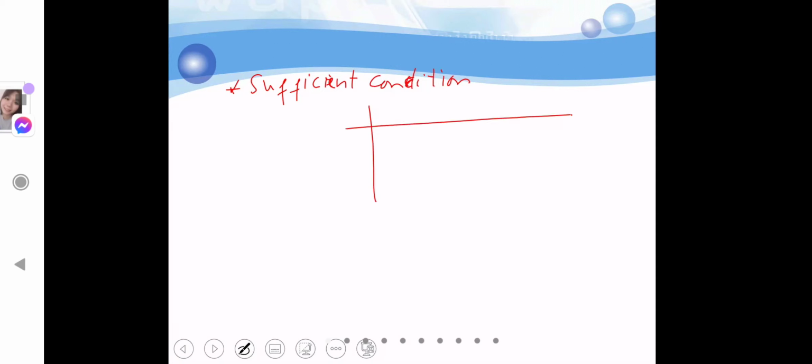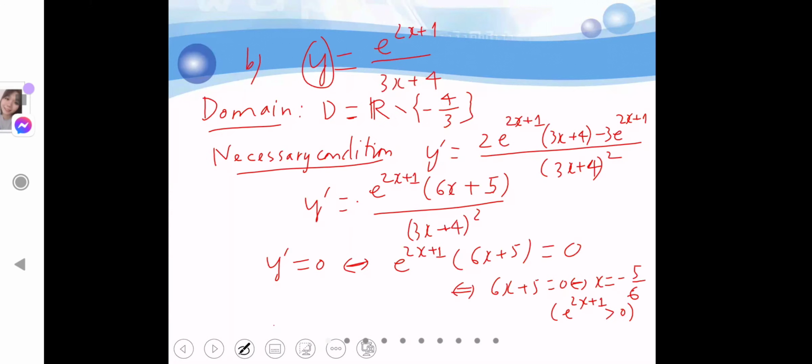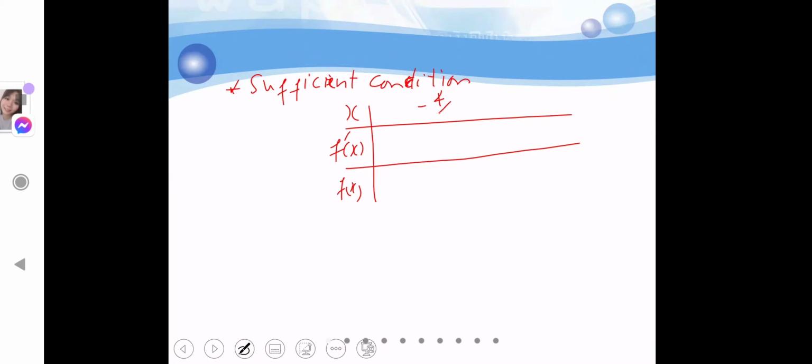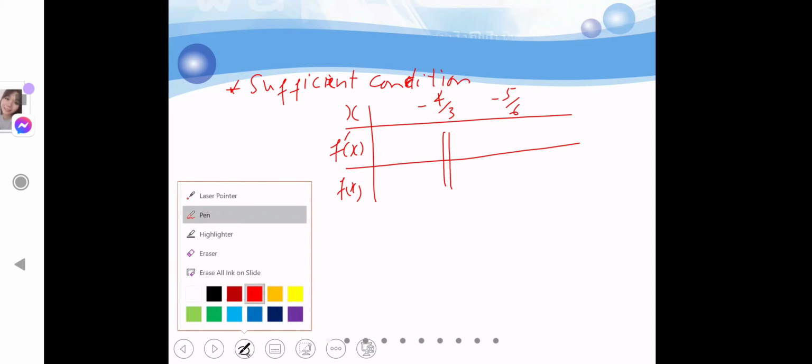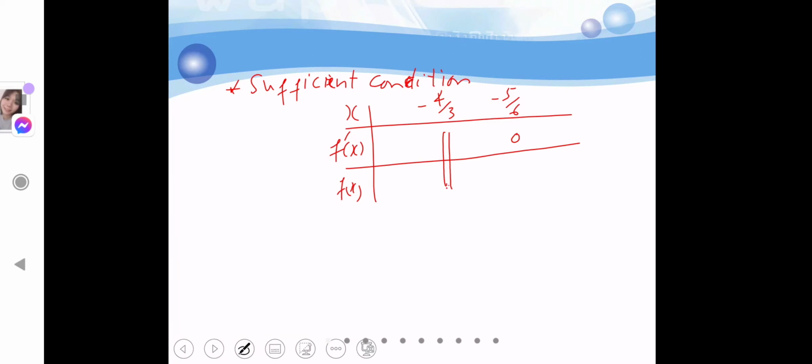So you establish the table x, f prime, f x. Minus infinity, minus 4 over 3, minus 5 over 6, plus infinity. This is undefined and 0 here. Okay.